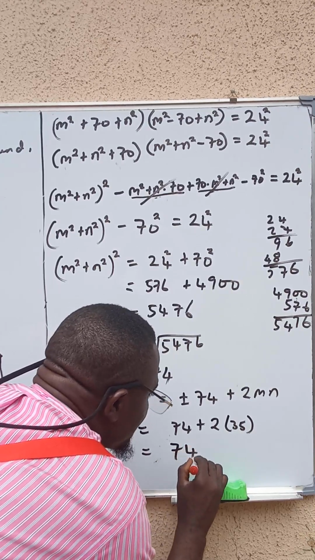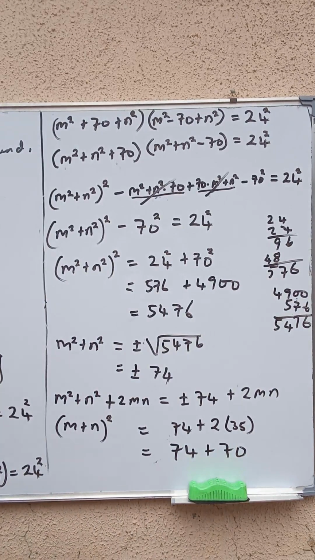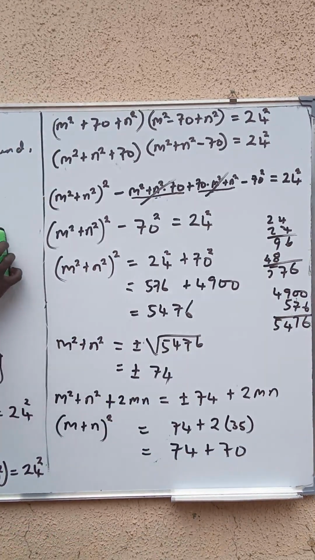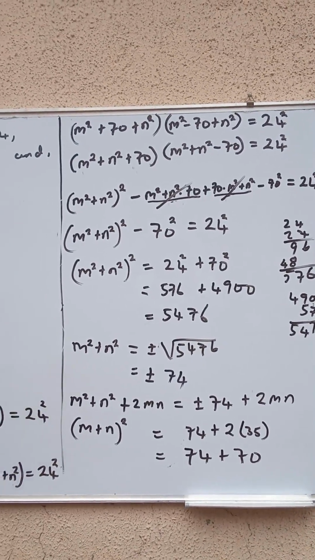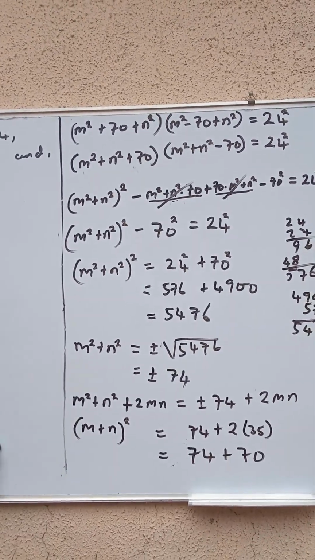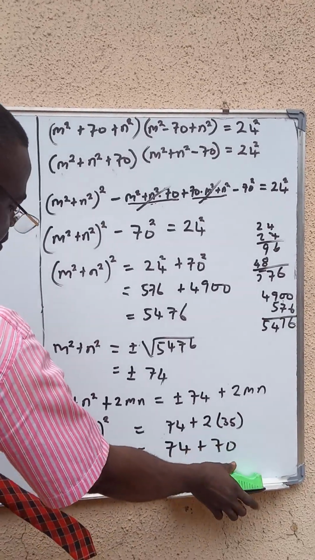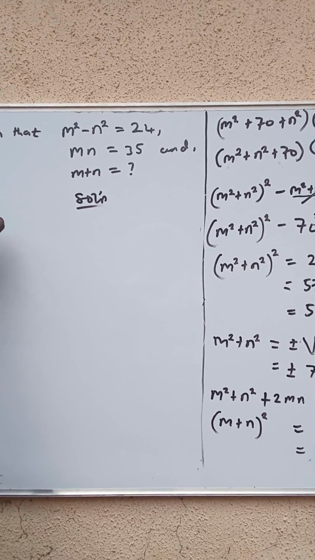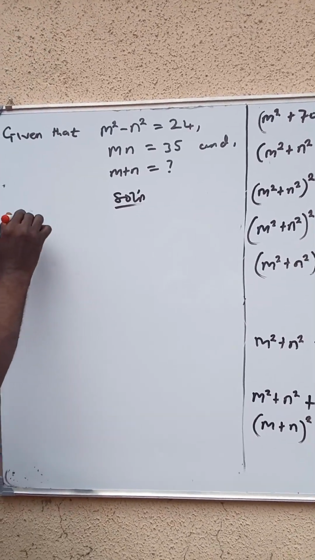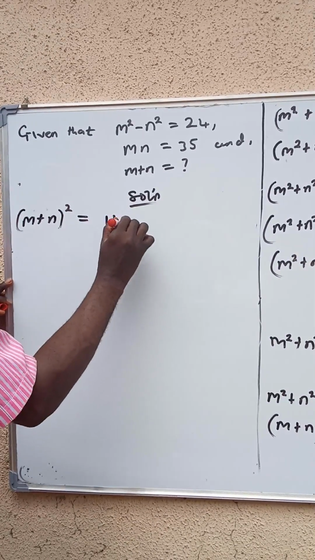That is 74 plus 70. Now 74 plus 70 will give me 144. So that means my m plus n all squared is equal to 144.